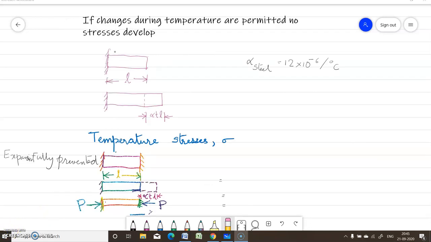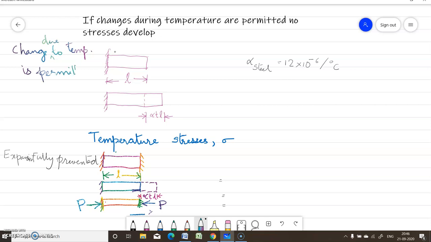Now we'll study about temperature stresses. So consider that the change due to temperature is not prevented. That is, the change due to temperature is permitted freely.